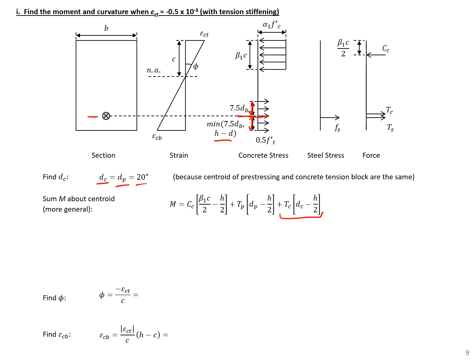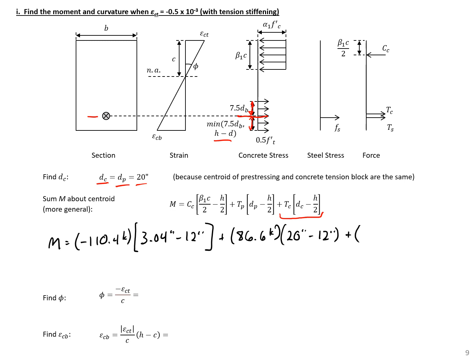So we can calculate our moment, and our moment is going to be equal to negative 110.4 times 3.04 minus 12, plus our tension force in our pre-stressing, 86.6 times 20 minus 12, and then plus our 23.9 times 20 minus 12.